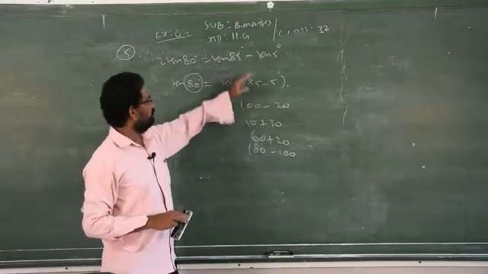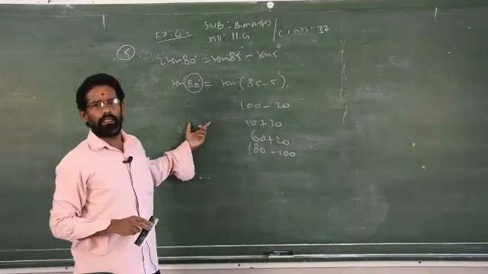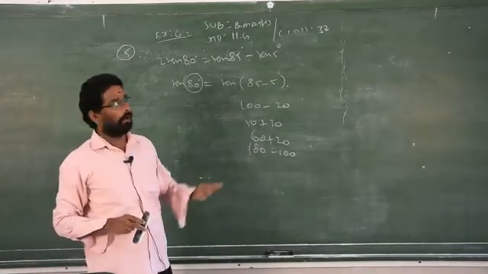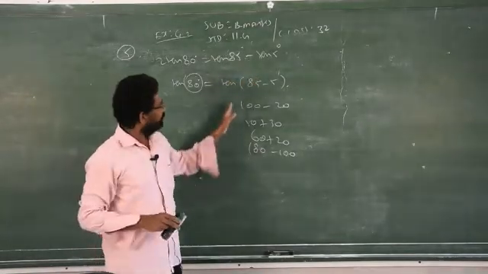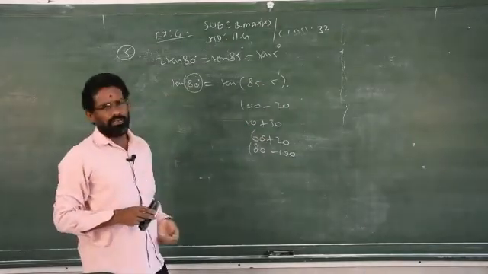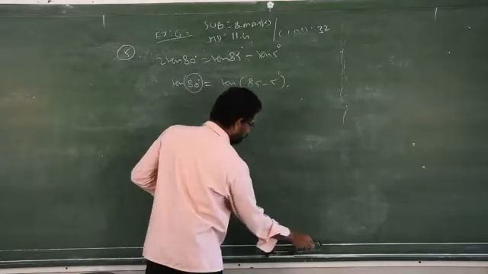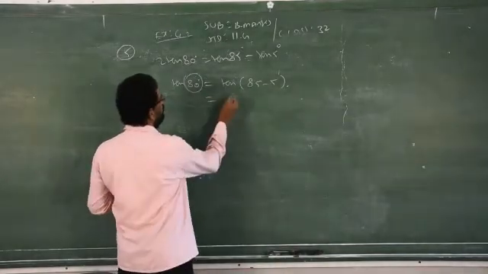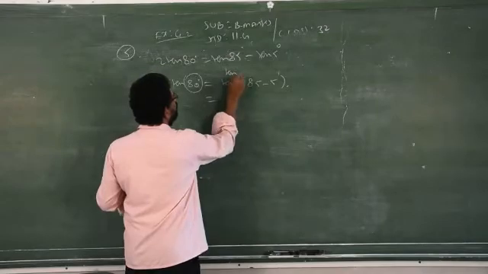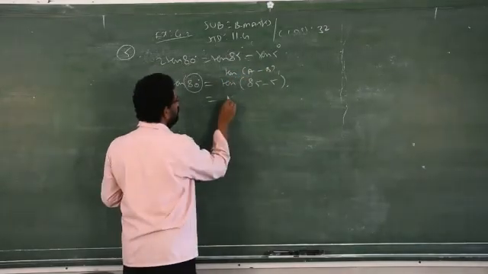Clear? When the right side information is given in terms of 180 minus 100, then you have to replace 80 by only 180 minus 100. Depending upon the right side, you have to split the given angle with any combination like this. Clear? Now tan A minus B, this is in terms of what? What is the formula to find tan A minus B?